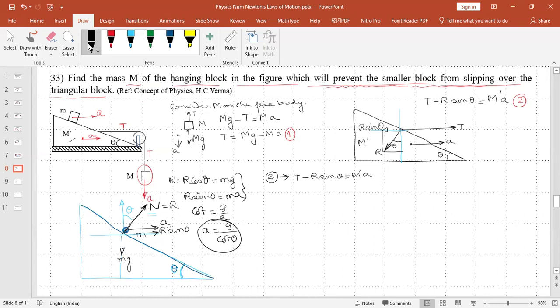From here we find R sine theta is equal to small m a. That means T minus small m a is equal to m dash a.